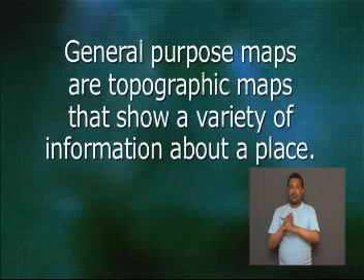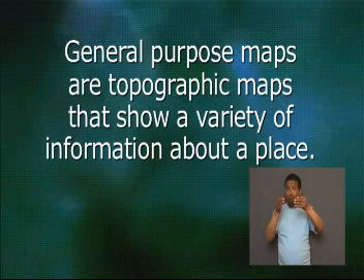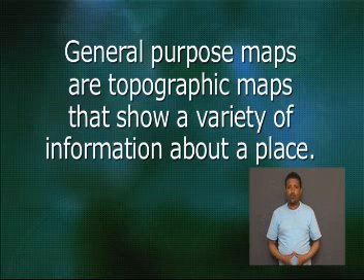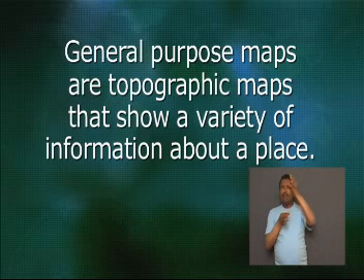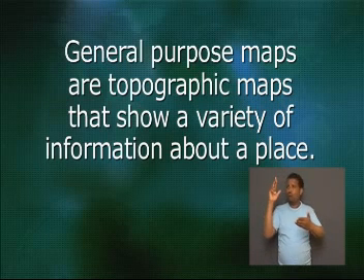General-purpose maps are topographic maps that show a variety of information about a place. They portray both cultural and physical features, and they are known as general-purpose maps because they can be used by many different people in a variety of ways.